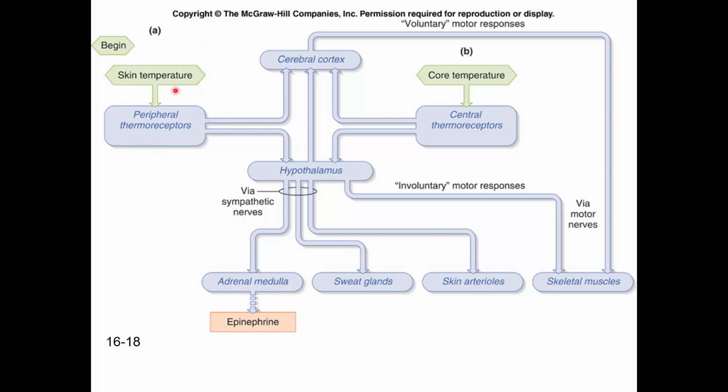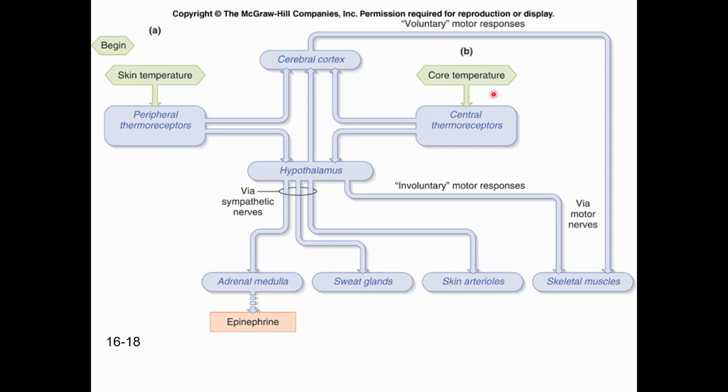Peripheral thermoreceptors tend to act by feed forward. So you go into a cold environment and you immediately start shivering, or you go into a warm environment and you start sweating. You may exhibit those behaviors before your core temperature changes. Core temperature tends to be regulated by negative feedback.